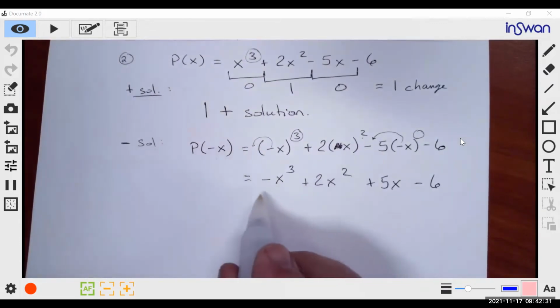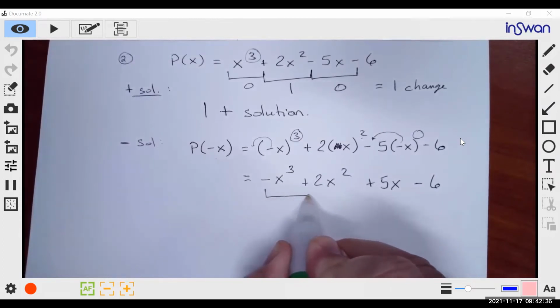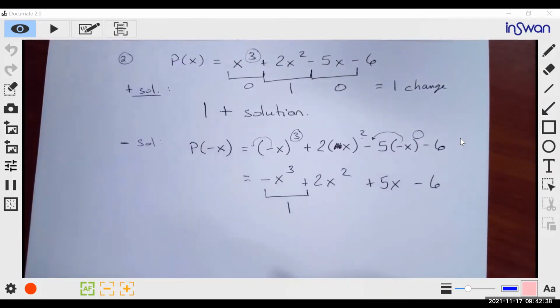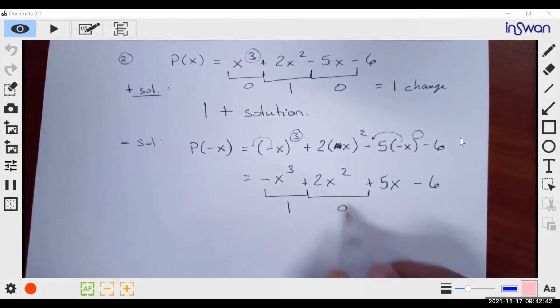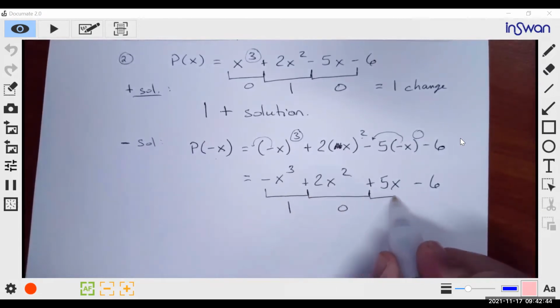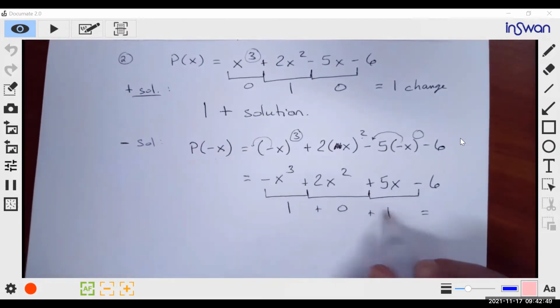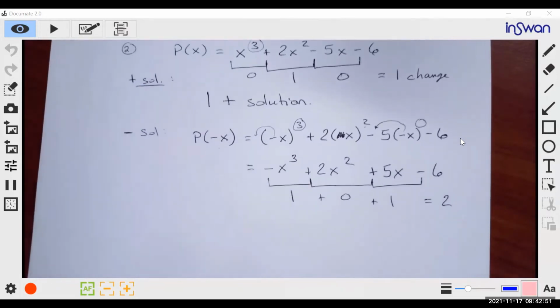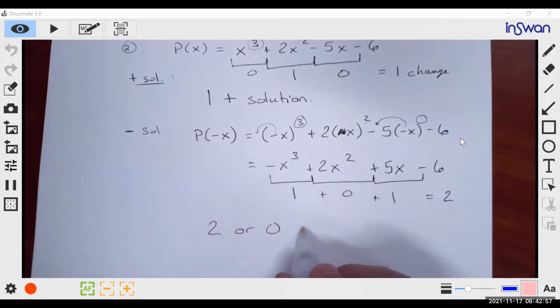So now, since we have a function here, let's see the sign changes. It starts off at negative, goes to positive. That's a change. Positive to positive, nope. Positive to negative. If I add these up, I get 2. So we can have 2 or 0 negative solutions.